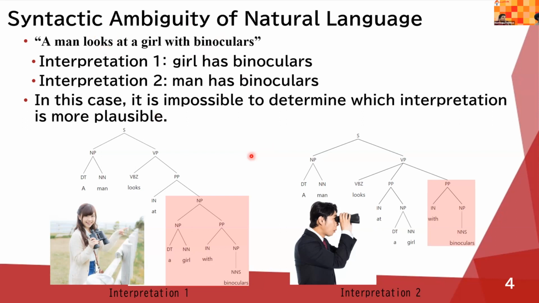Each interpretation corresponds to this kind of tree structure. This is called a constituency tree or constituency structure.